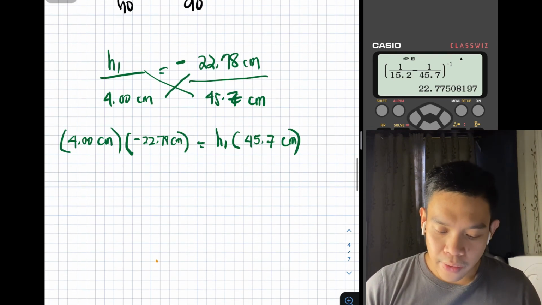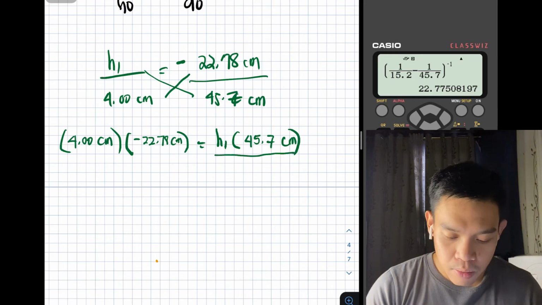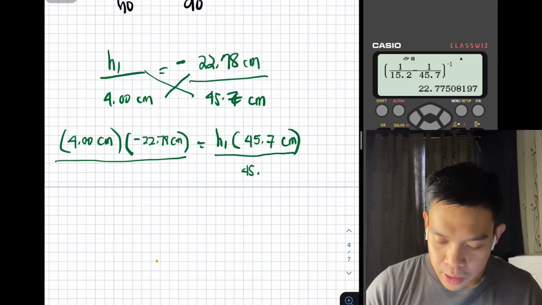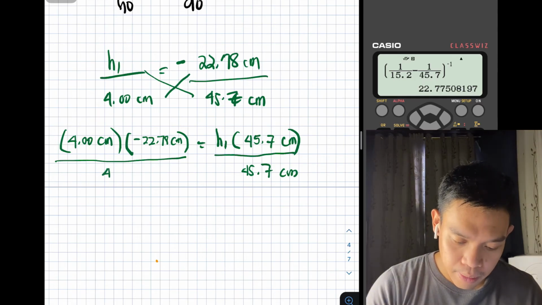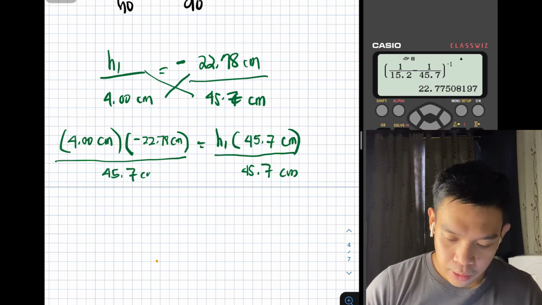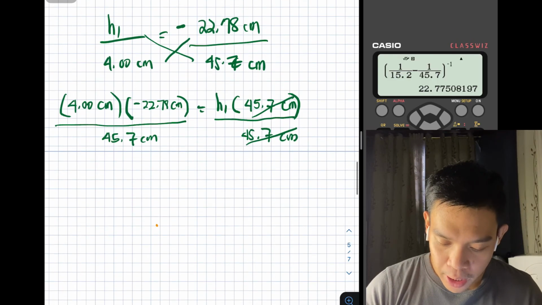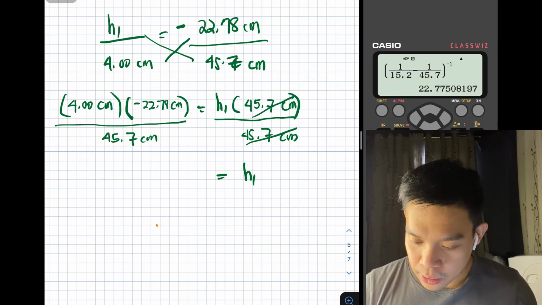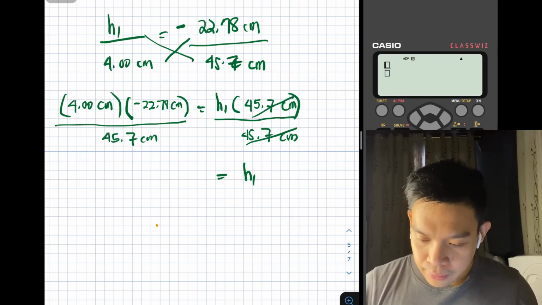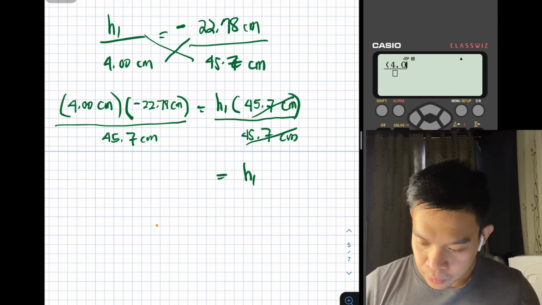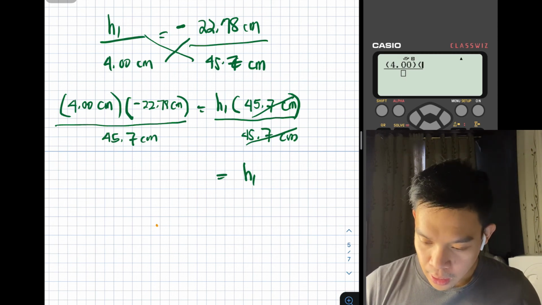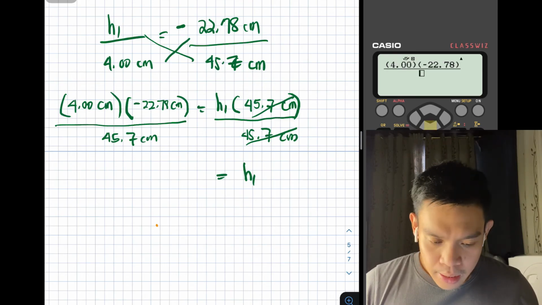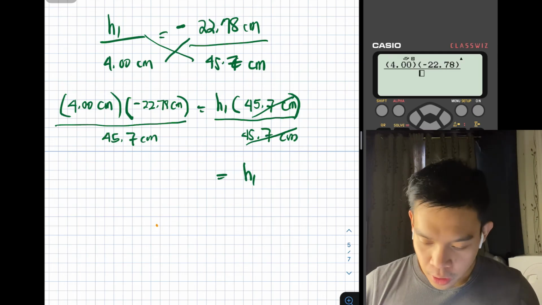To get the value of HI, we divide both sides of the equation by 45.7 centimeter, which cancels out, and inputting the values in our calculator, we have 4.00 centimeter multiplied by negative 22.78, divided by 45.7.